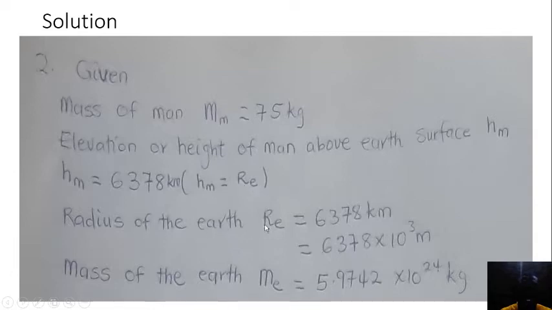Now the radius of the Earth is also equal to 6,378 kilometers. You convert it into meters because you are working in an SI unit, and when you do that, you get 6,378 times 10 exponent 3 meters to be the radius of the Earth, and then the mass of the Earth is given to us to be 5.9742 times 10 exponent 24 kilogram.